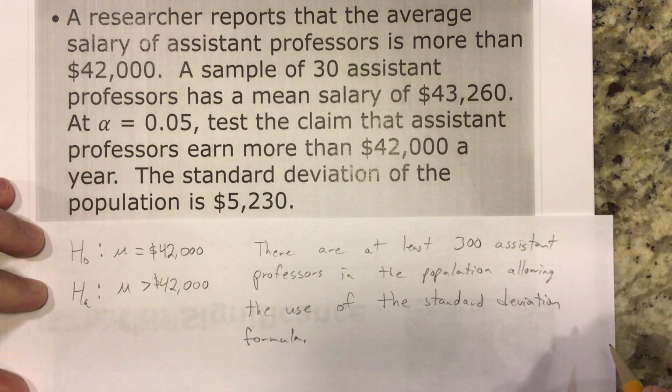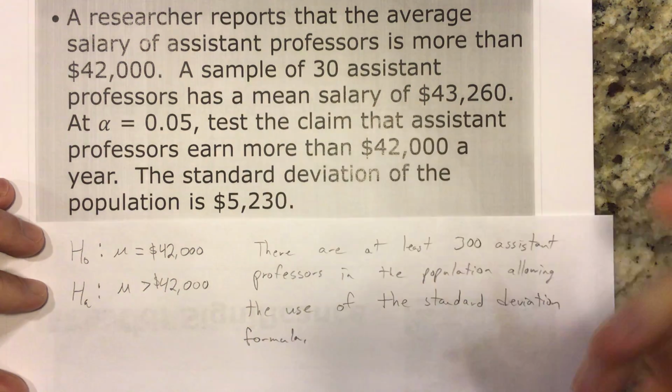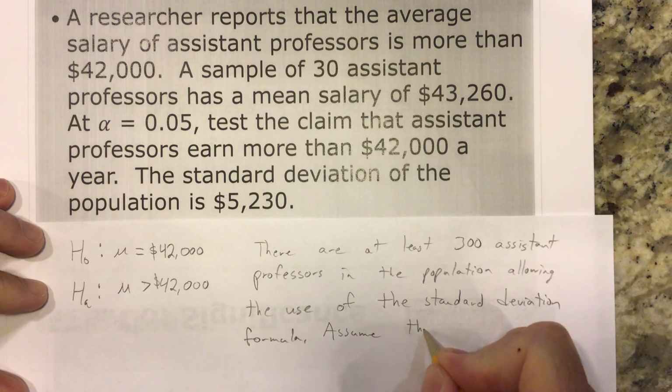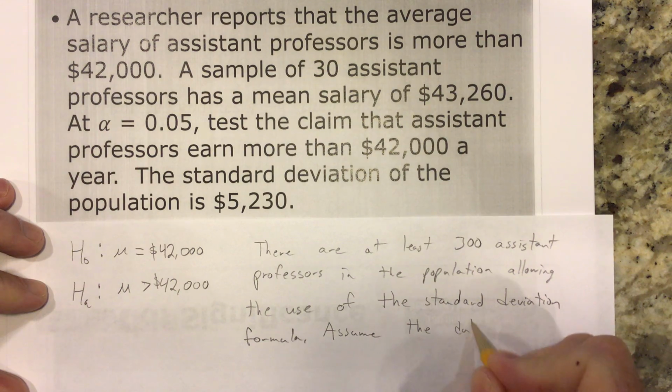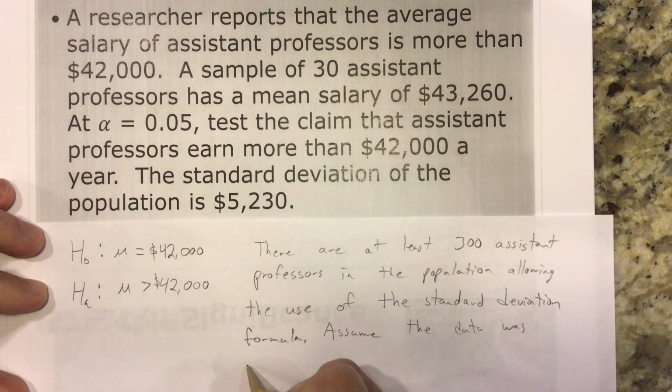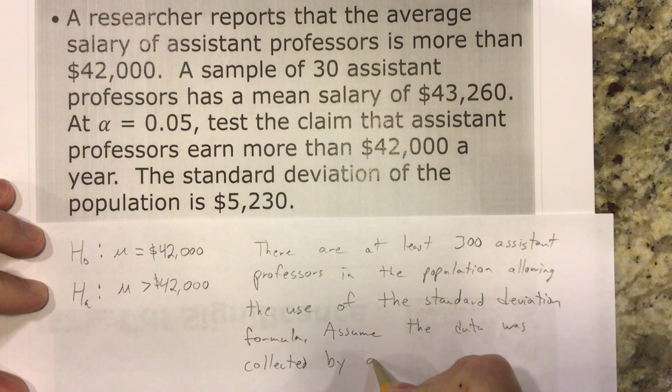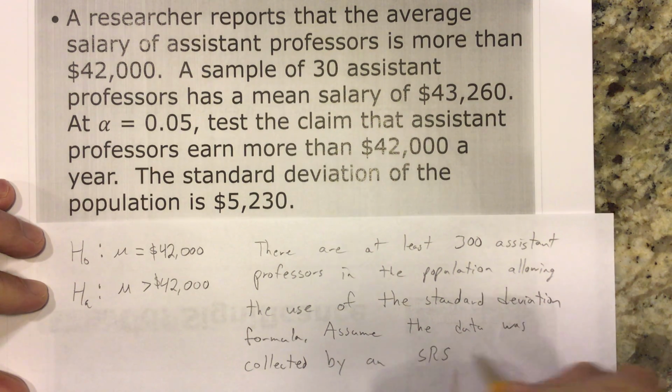All right, what else do we need? Well, we need good unbiased data. It just says a sample. It doesn't say what type of sample, so assume the data was collected by an SRS.